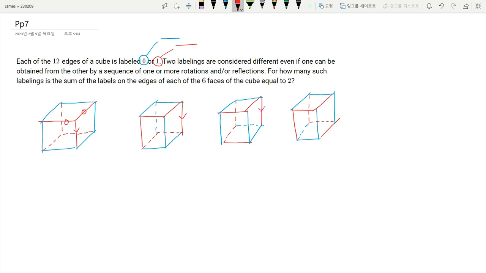The red line is at the bottom or on the side, or for the third side, it's parallel, right? I mean, one case for this, two cases for this, and one case for this. When you set these two lines as adjacent, there are four cases when two lines are adjacent, the red lines are adjacent.